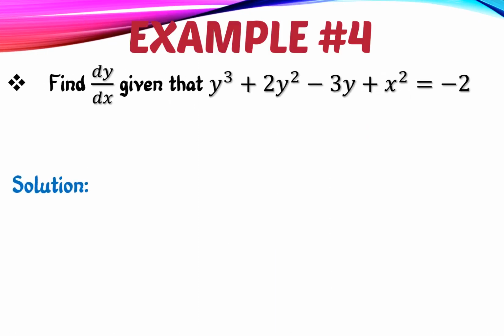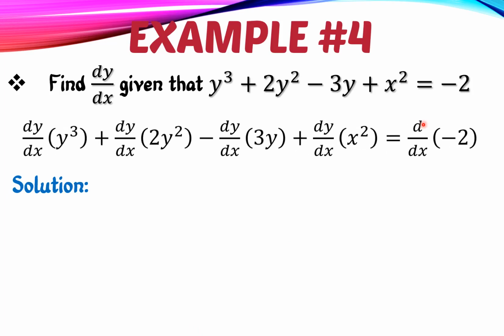Okay, let's have this example. Find dy dx given that y cubed plus 2y squared minus 3y plus x squared is equal to negative 2. So again, the first step is to get the derivative of all the terms. So we'll have the derivative of y cubed plus the derivative of 2y squared minus the derivative of 3y plus the derivative of x squared is equal to the derivative of negative 2.